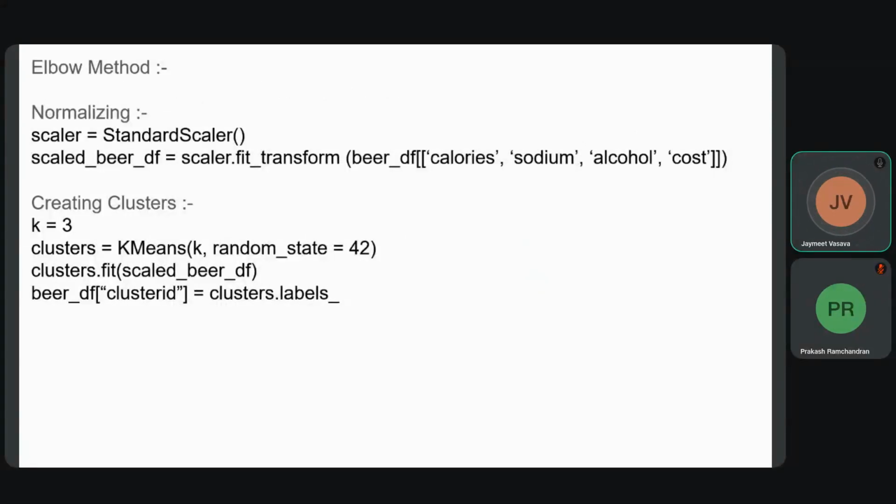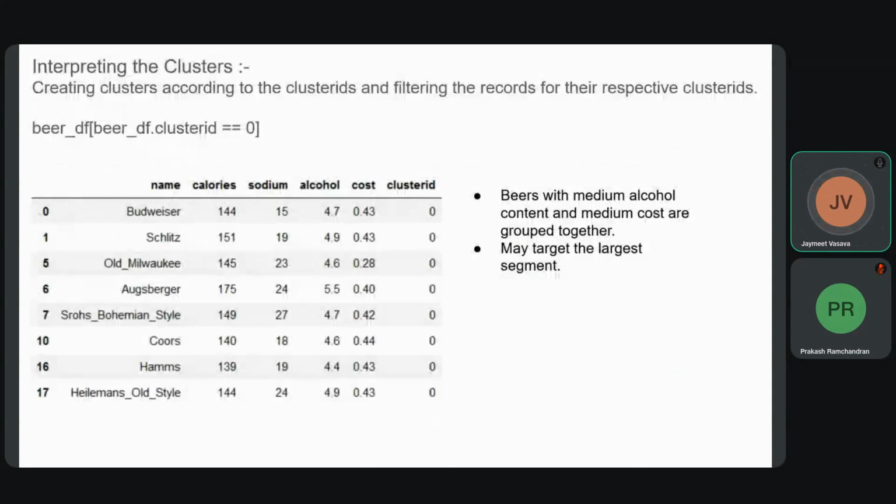So normalizing the values that are used in the BRDF, then creating clusters using k value as 3, and also creating the cluster ID and assigning them the needed labels.